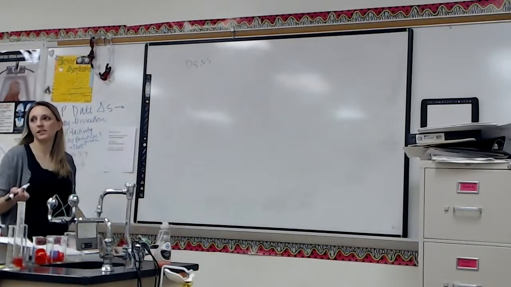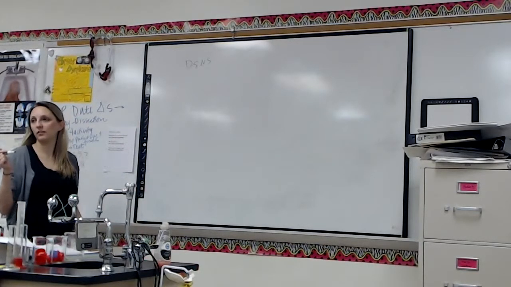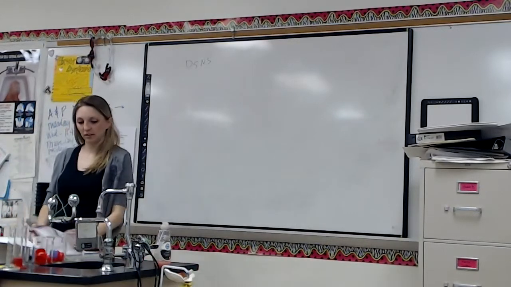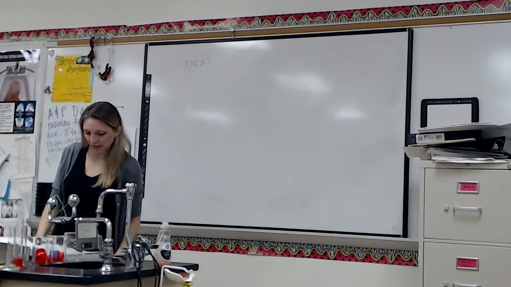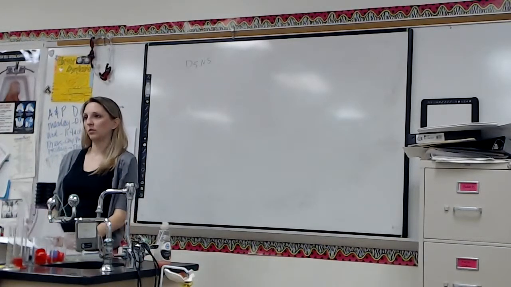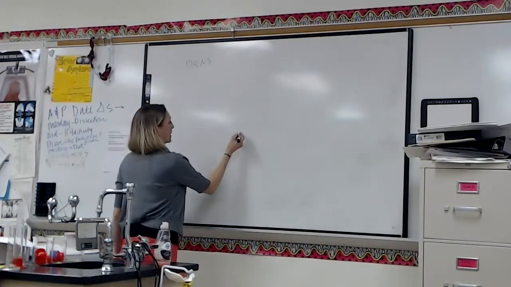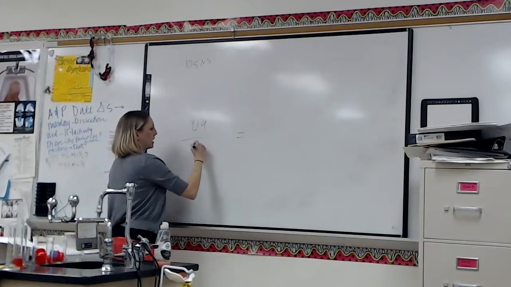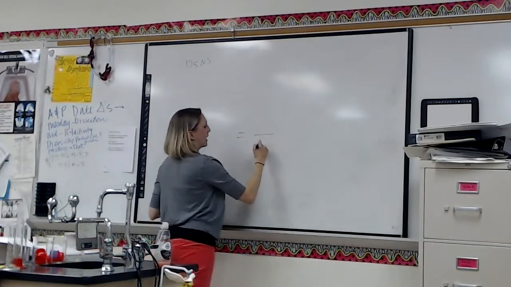So what percentage is our normal saline? 0.9%. Normal saline is always 0.9%. If you forget and can't figure it out, it's on 472, the little IV section down there. I'm going to fill it in the same way as before: 0.9 over 100, because percentages always go over 100. And then they got 900 milliliters.